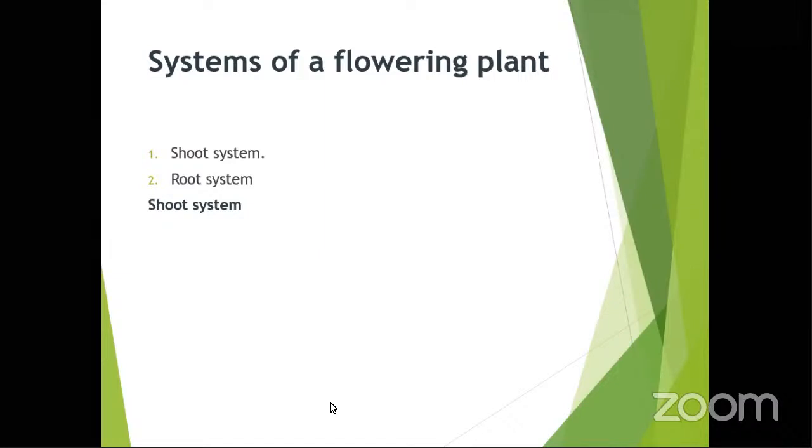That's good. The answer is correct. Part of the plant that grows above the ground. Now let's move on to look at those parts specifically, the parts of a plant that grow above the ground.